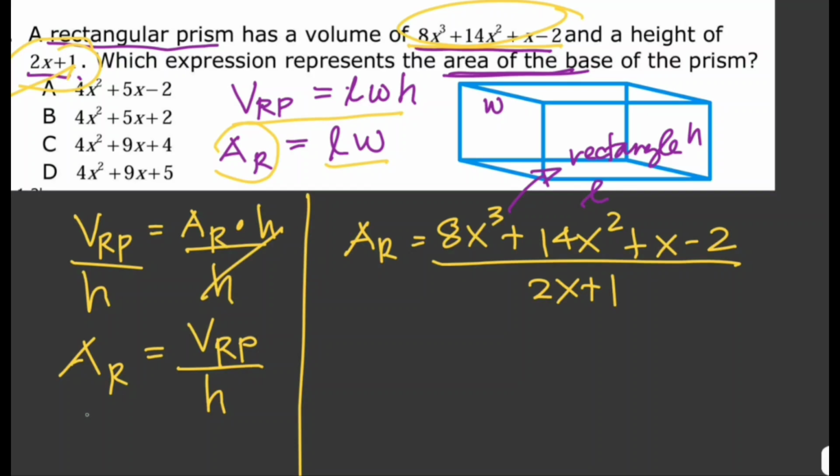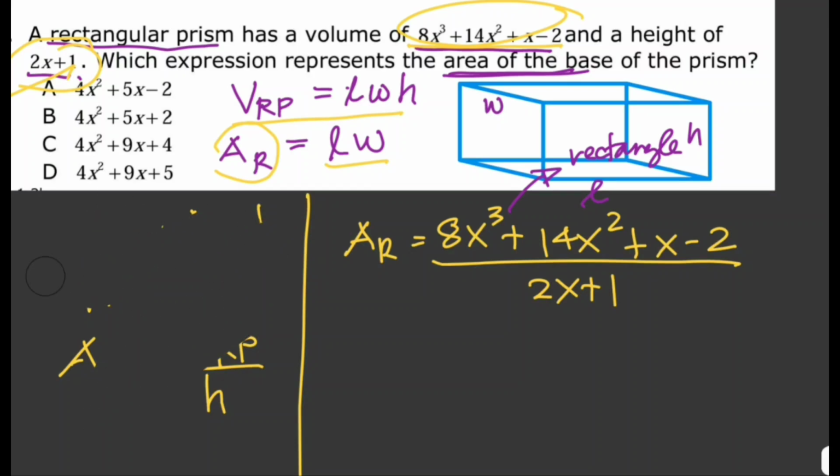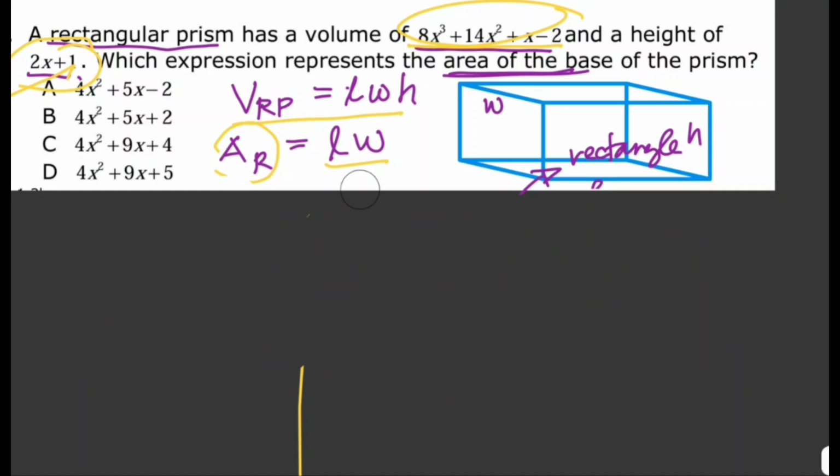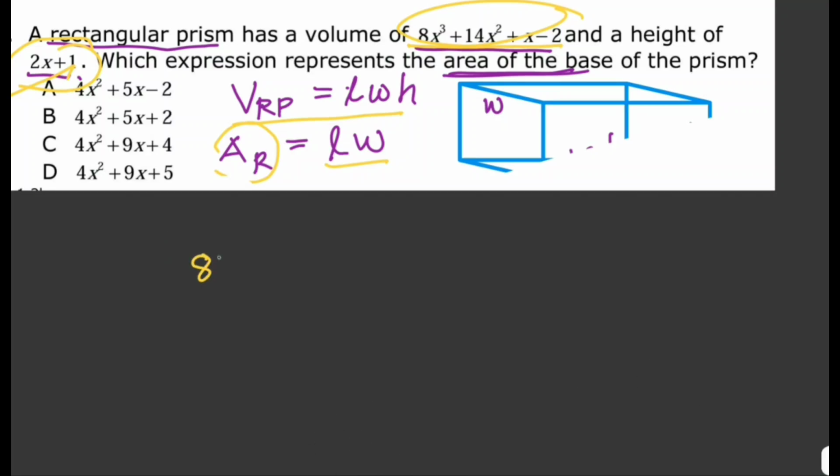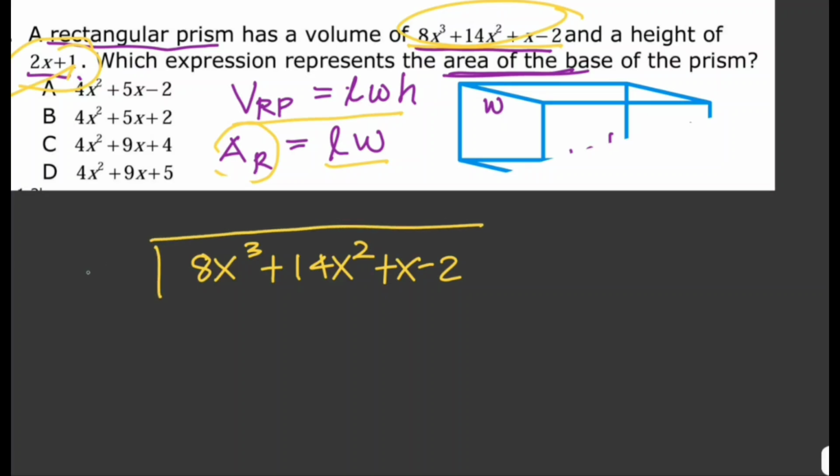Let me delete this. So we have 8x cubed plus 14x squared plus x minus 2 divided by 2x plus 1. Okay, so let's do long division.